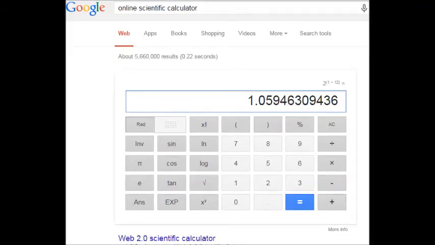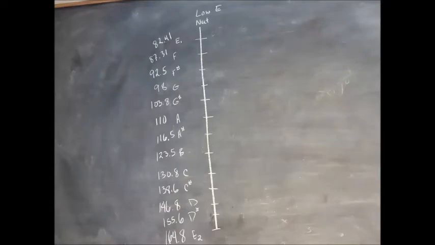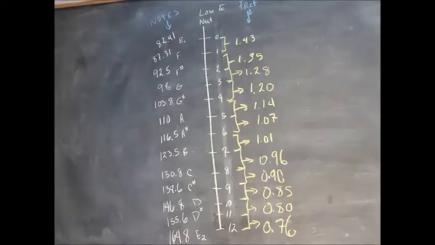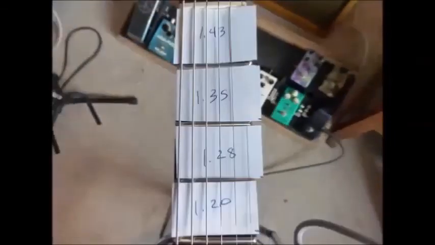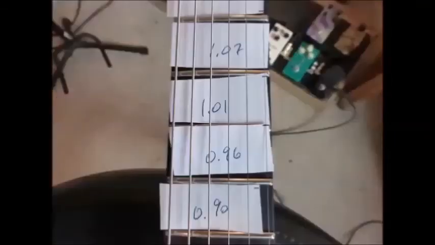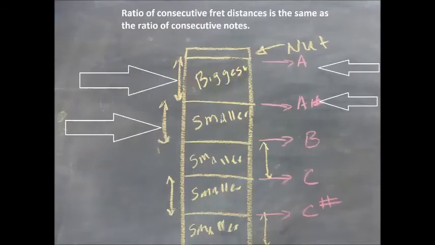So what we're saying is that all the notes that you see on the left of this column have the same relationship, if you take the ratios, as all of the fret spaces on the right. And that's really cool because that means the guitar shows you the relationships between the notes you hear. They don't seem to match up, but that's just perceiving the same information with different senses.